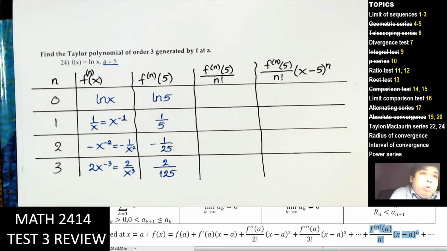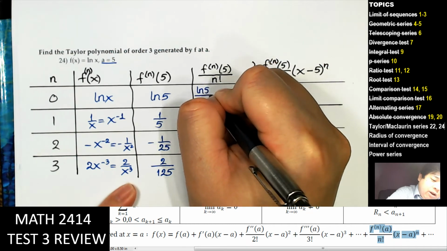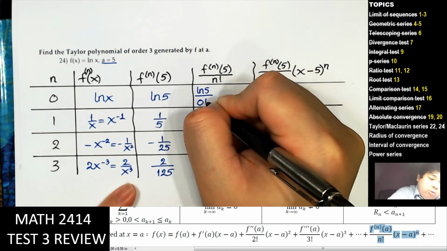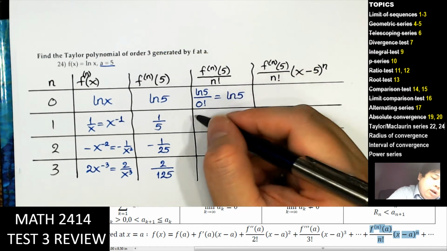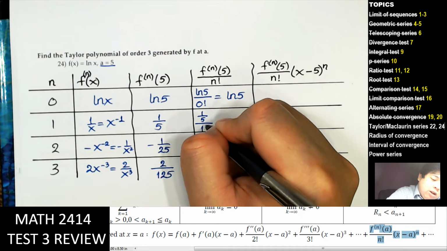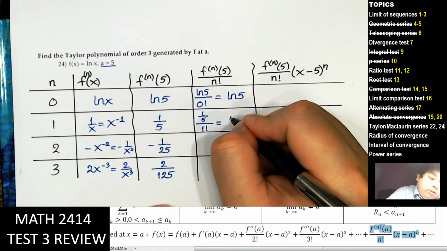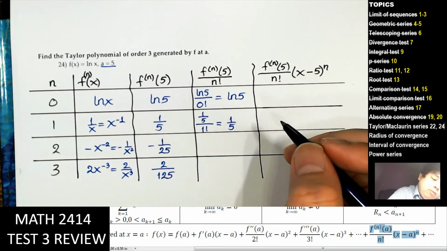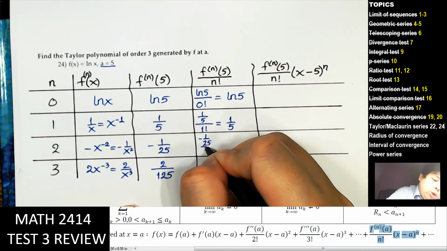And then we will divide by n factorial. ln of 5 divided by 0 factorial. 0 factorial is 1, so this is ln of 5. 1 over 5 divided by 1 factorial, which is 1, so just 1/5. Negative 1 over 25 divided by 2 factorial, which is 2.